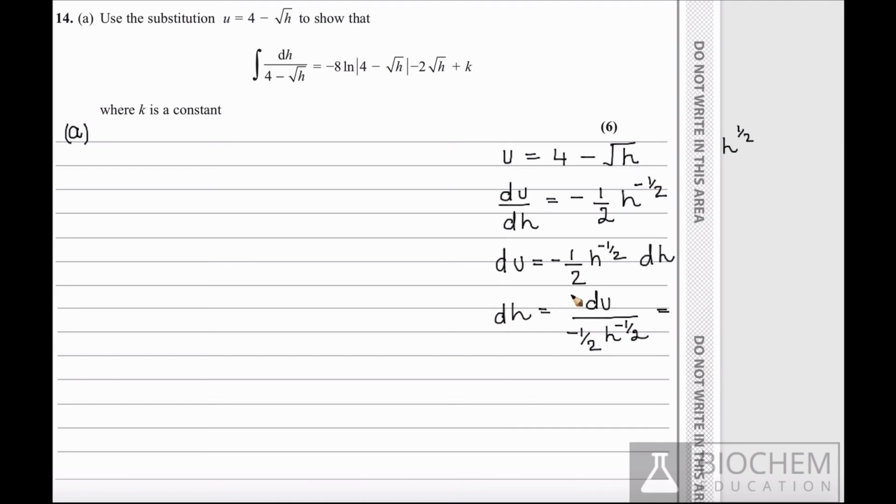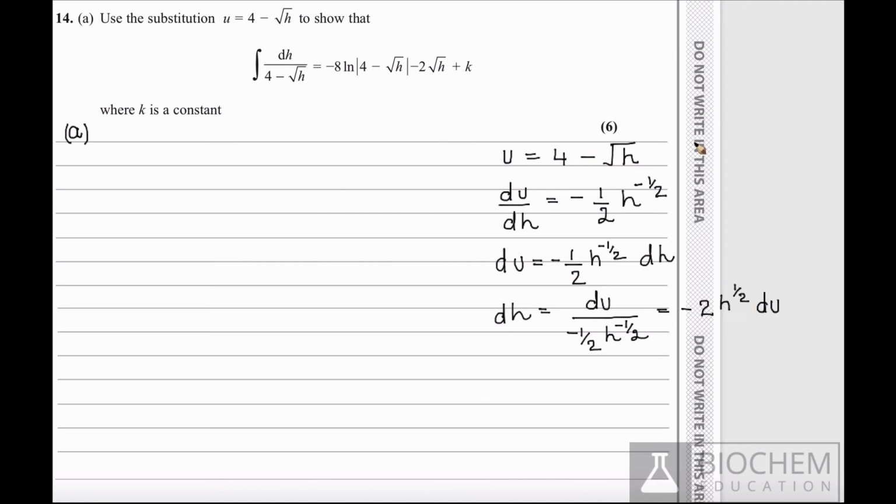Simplifying it further, 1 divided by negative half is negative 2. This will become in the numerator as a positive, so h to the power of half in the numerator with respect to du. In other words, dh equals negative 2 h to the power of half du. Now let's write h to the half in terms of u, because later on when we substitute, we will have all the terms in terms of u.